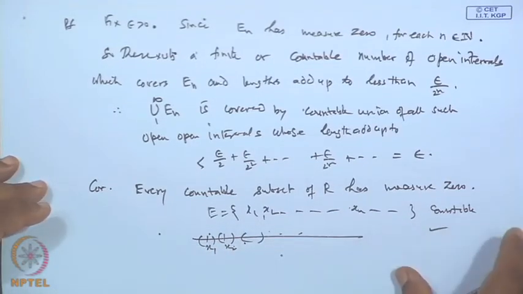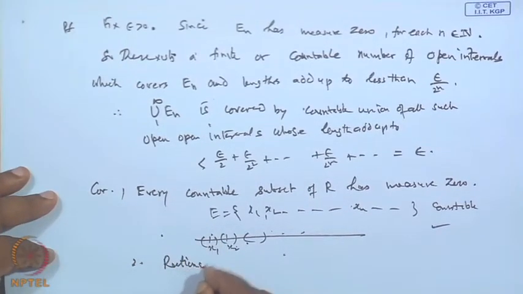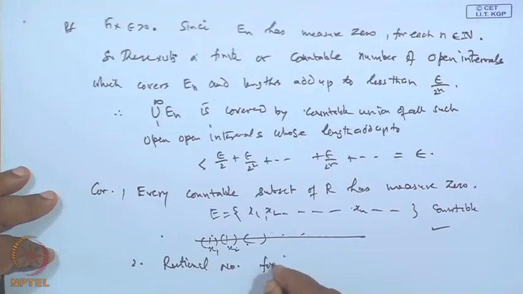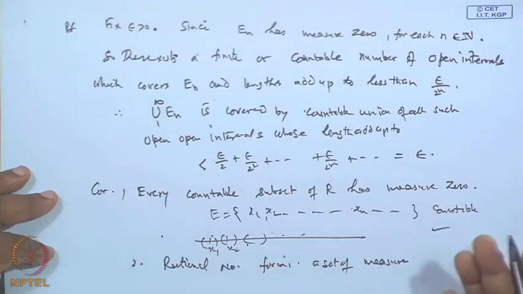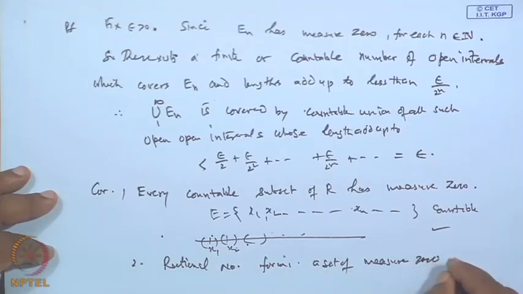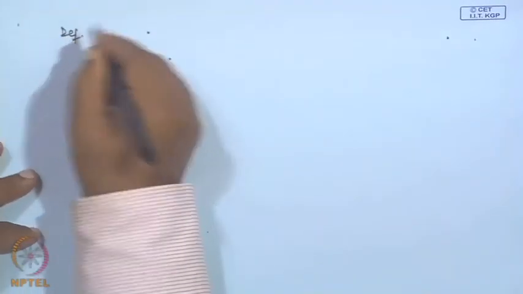Rational numbers form a set of measure 0, because rational numbers are countable. Now this last one is very important: almost everywhere.